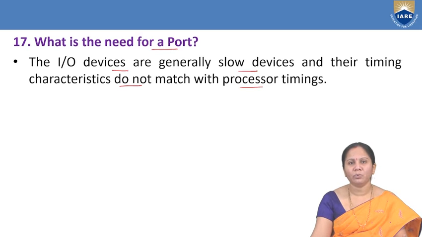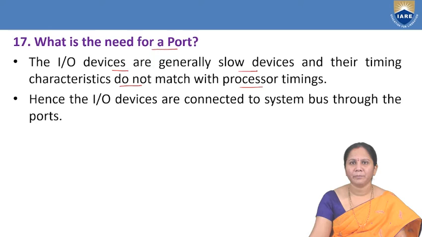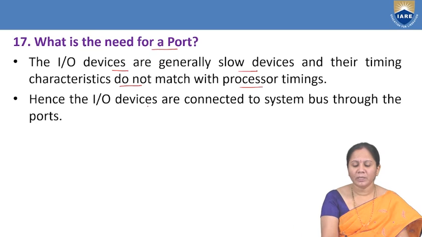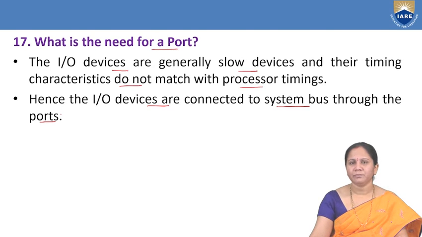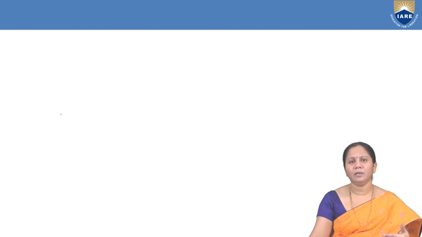That is why we use ports in order to connect I/O devices to the processor. So the I/O devices are connected to the system bus by using ports, and then the timing of the I/O devices and processor will be matched.